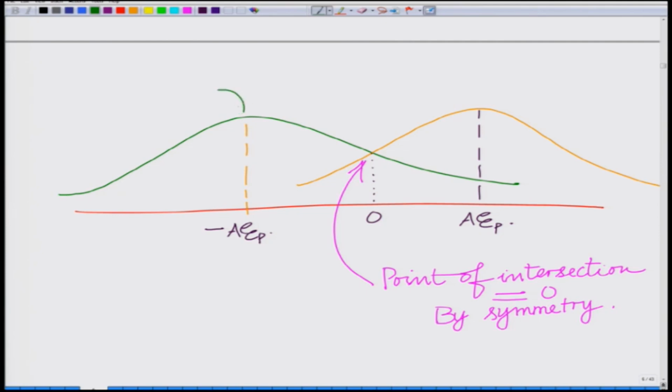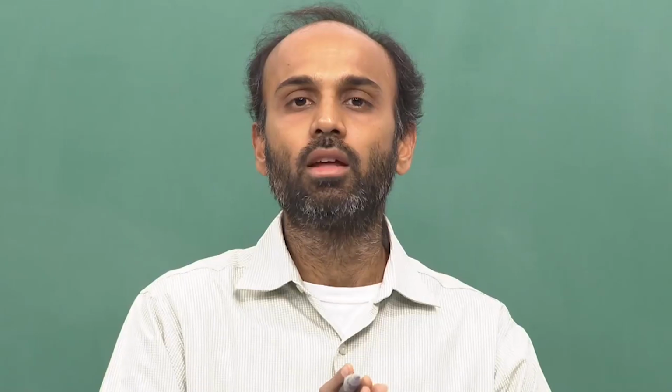This Gaussian density corresponds to A naught equals minus A, and this Gaussian density corresponds to A naught equals plus A. So, when you are transmitting A naught equal to A, the Gaussian is shifted towards the right, towards A root E_p. When you are transmitting A naught equals minus A, the Gaussian is shifted towards the left, with mean minus A root E_p.